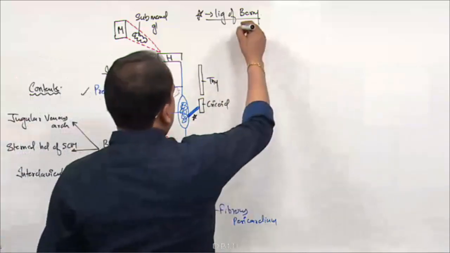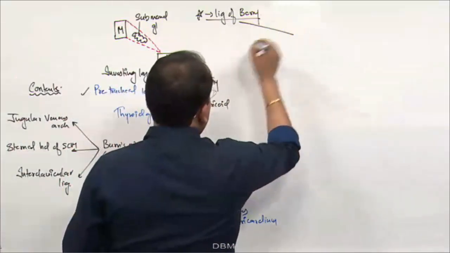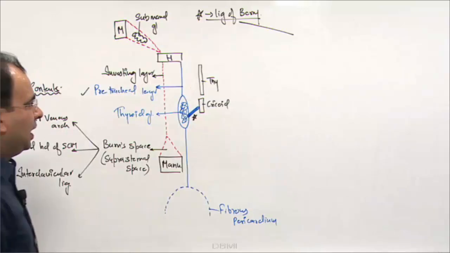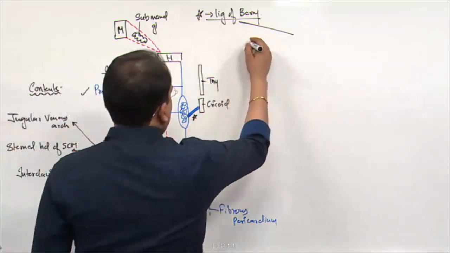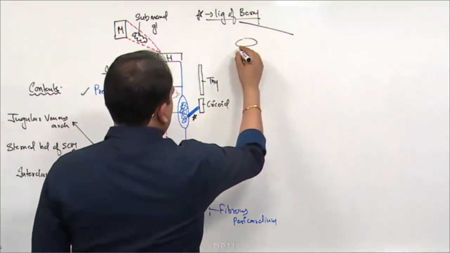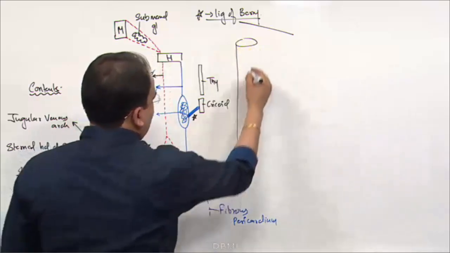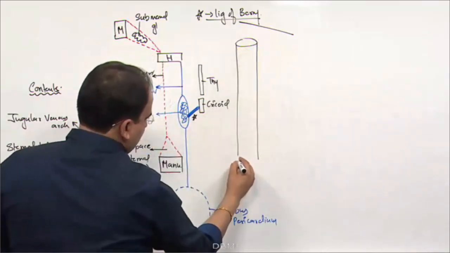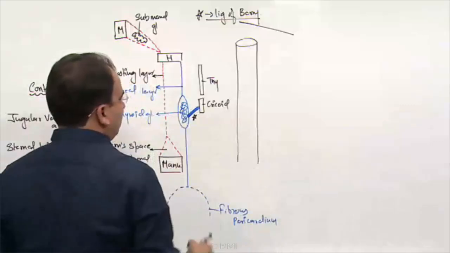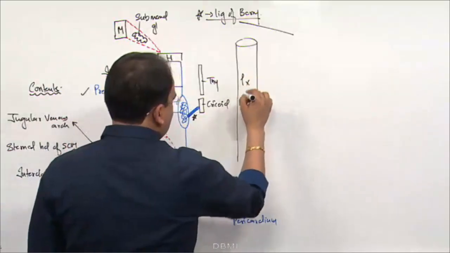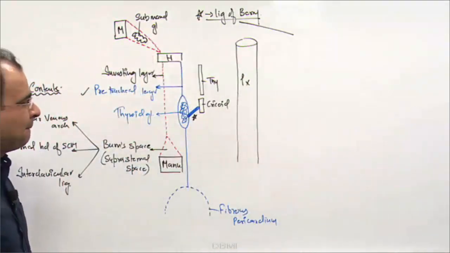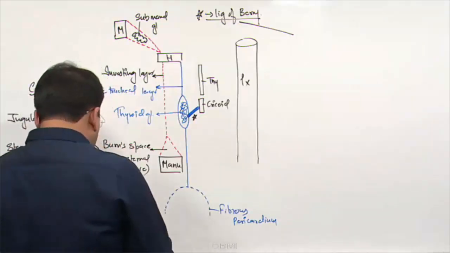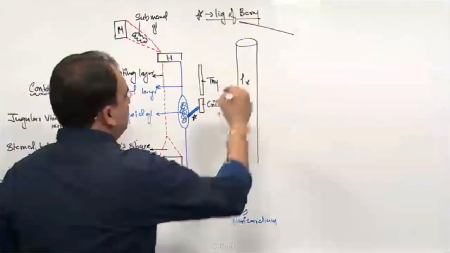Now if this is the base of the skull here, let's go even further back. If this is the base of the skull, and we have the pharynx, which will continue as the esophagus. This is the pharynx here. The fascia which is closely related to the pharynx is the buccopharyngeal fascia.